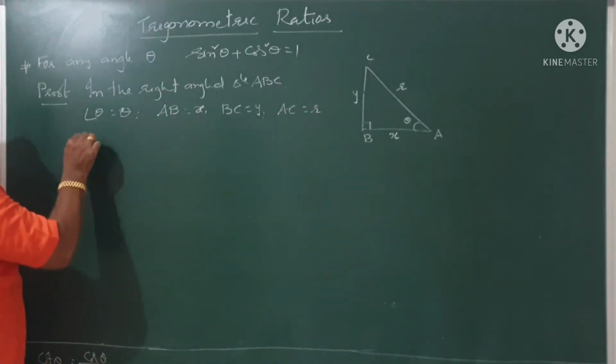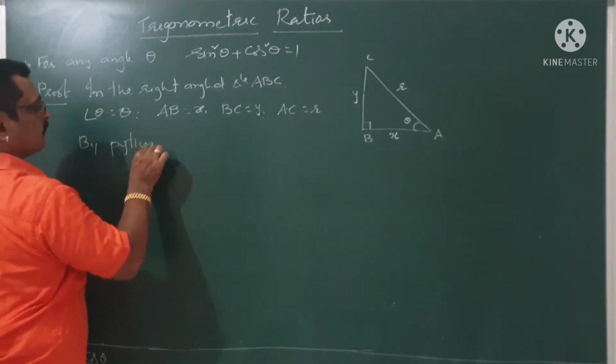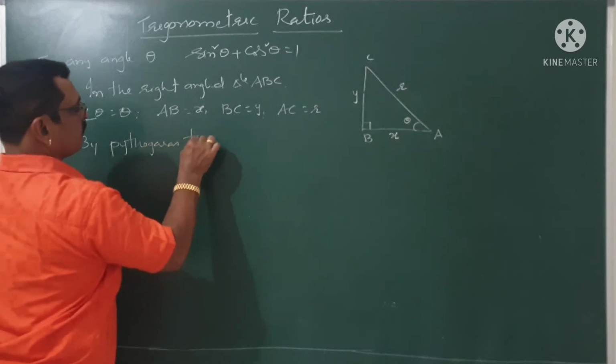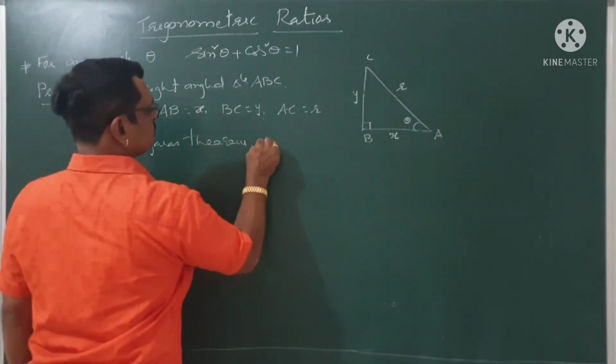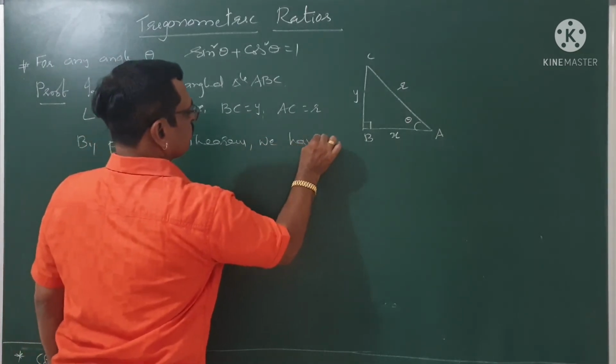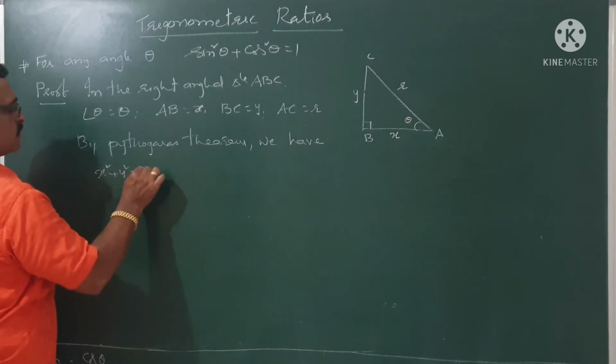By Pythagoras theorem, we have x square plus y square is equal to r square.